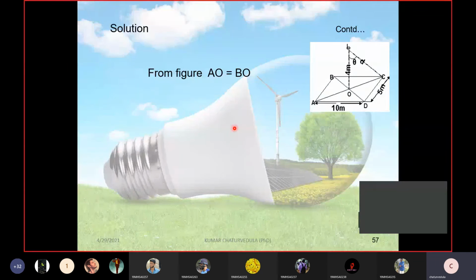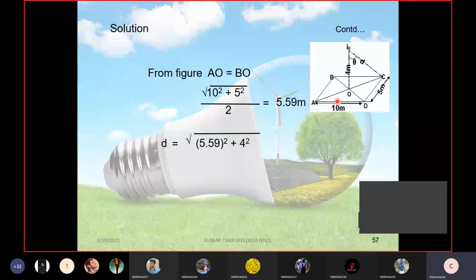From the figure you can see that the distance between O and A and this one is the same. Since we are assuming exactly half, the distance is nothing but root of 10 square plus 5 square by 2, which is 5.59 meters. Once you know this half value, you can easily find this value.